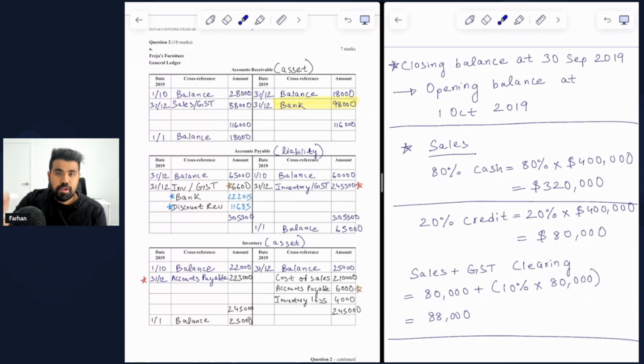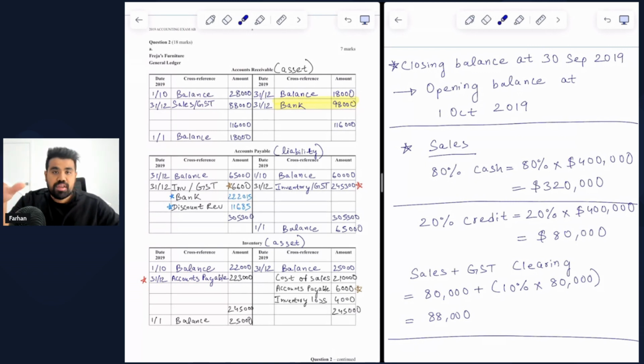These are the people from whom the business purchased inventory on credit. That is why we have an obligation to pay these people off. We have a present obligation to pay them because of the inventory that we have purchased from them and the promise that we have made to repay them at some point in the future.